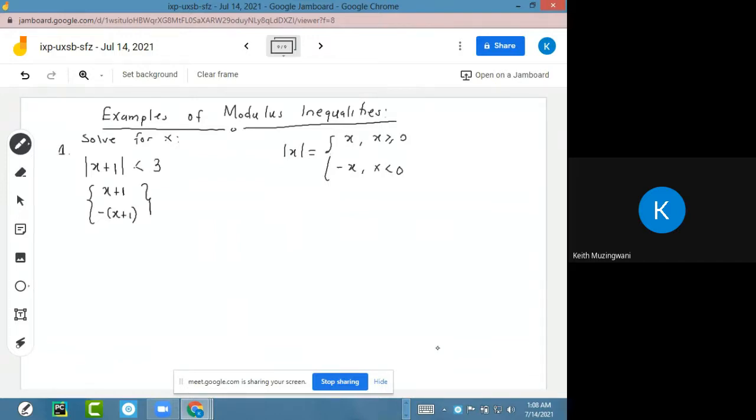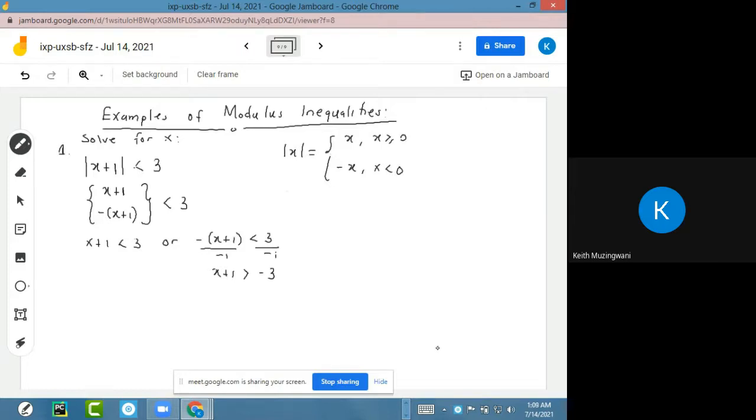Since what we have is less than 3, we have x plus 1 is less than 3, or negative (x plus 1) is less than 3. If we divide by negative, we'll have x plus 1 is greater than negative 3.